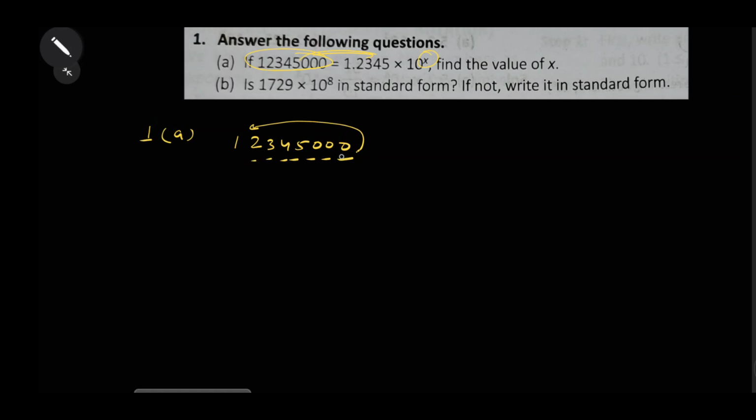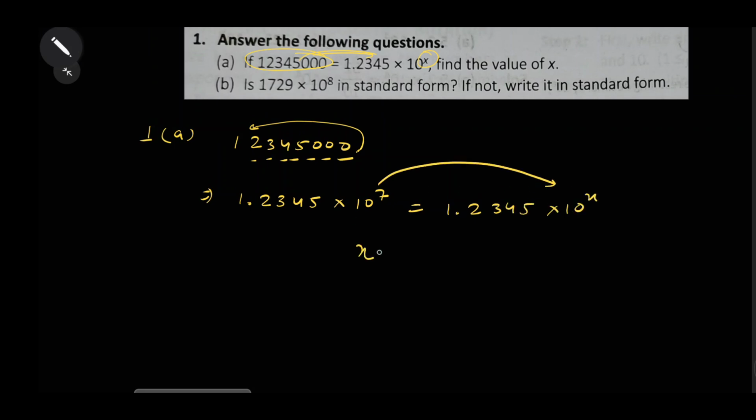We will move the decimal up to 7 places. So the power will be 10 to the power 7. On comparing with the RHS, the value of x is equal to 10 to the power x. On comparing it, we have the value of x is equal to 7, and this is our answer.